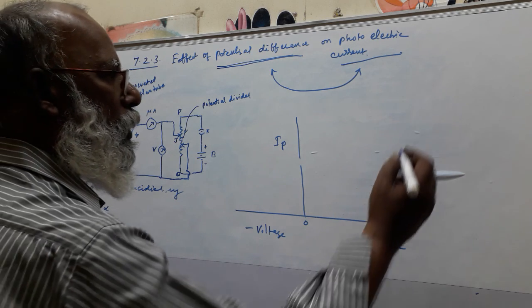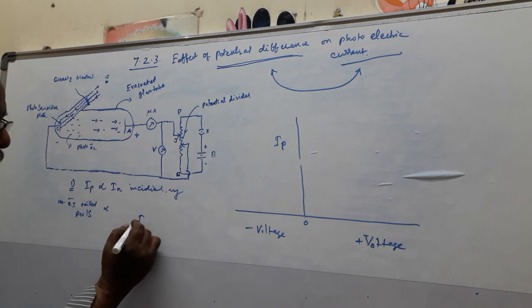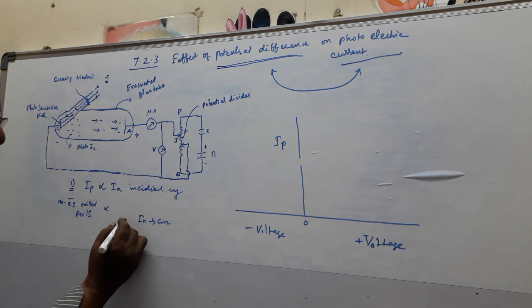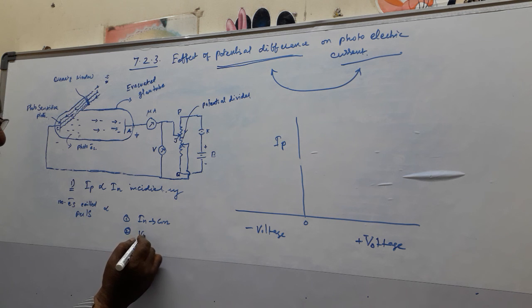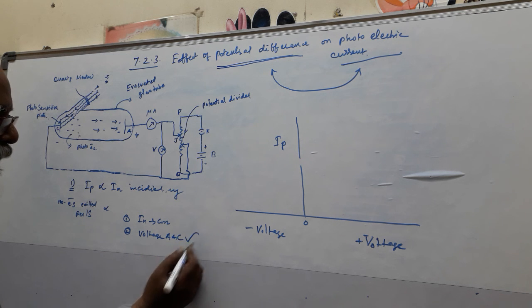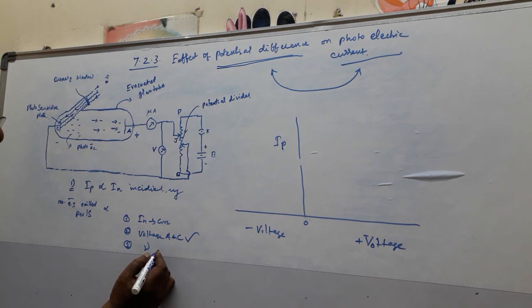Here, by maintaining the intensity constant, the first condition is that intensity is constant, the second is that the voltage between A and C is varied, and the third is that the frequency is also constant.